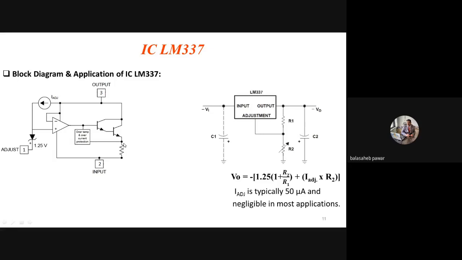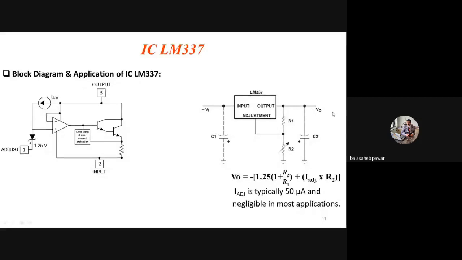Now the implementation part is again the same as that of LM317. The only difference is that you have to take care about the applied input voltage. For the shown circuit, the applied input voltage is negative, and then the LM337 can provide a negative regulated output.